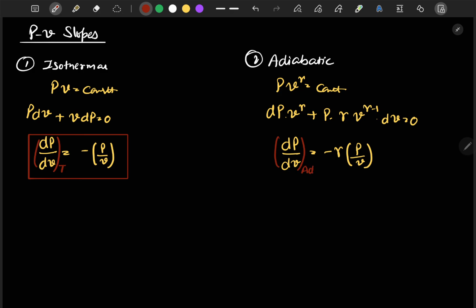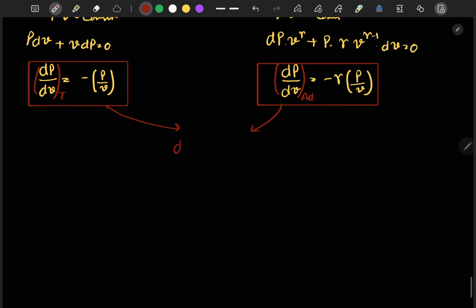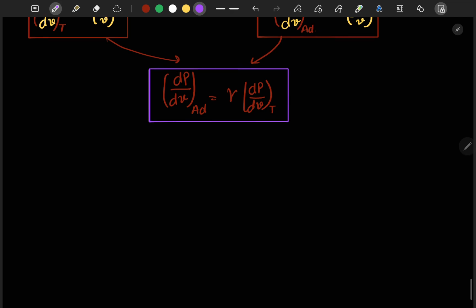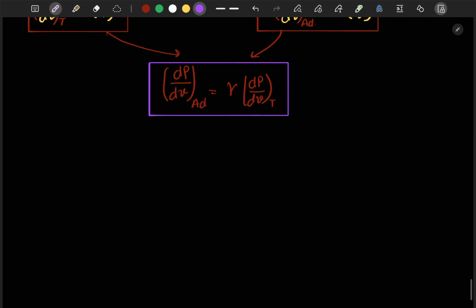What we get is that dP by dV for the adiabatic process is equal to gamma times dP by dV of the isothermal process. You must remember this. It means the slope of the adiabatic curve on a PV diagram is gamma times the slope of the isothermal curve on the PV diagram.